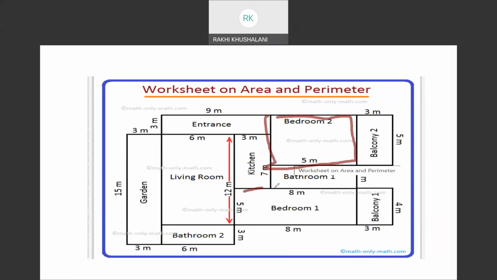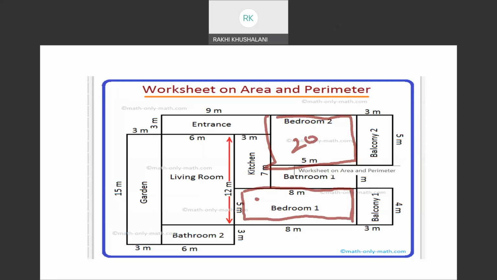This is the bedroom with 8 plus 5 plus 8. 8 plus 5 is 13, 13 plus 8 is 19, 19 plus 5 is 24. So that is 24, and the other is 20. And this one is 8 plus 8 is 16, 16 plus 10 is 26.